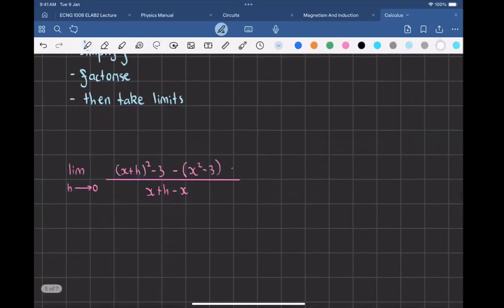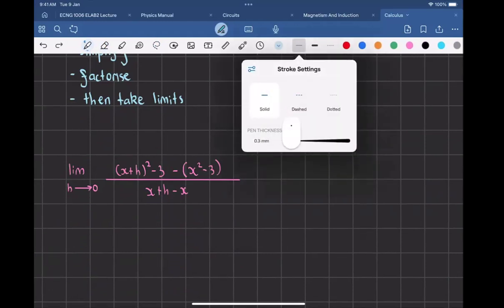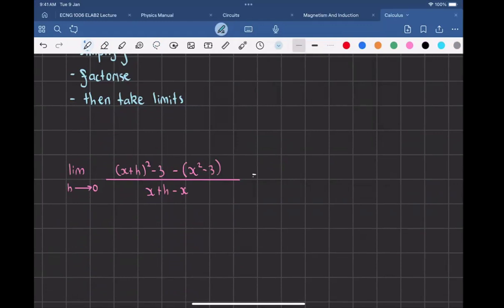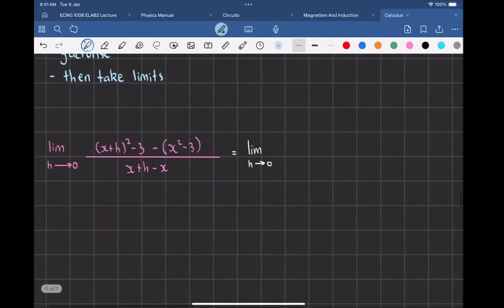So in the numerator, what exactly do we have to expand? The x plus h, squared. Could you tell me what x plus h squared is off the top of your head?